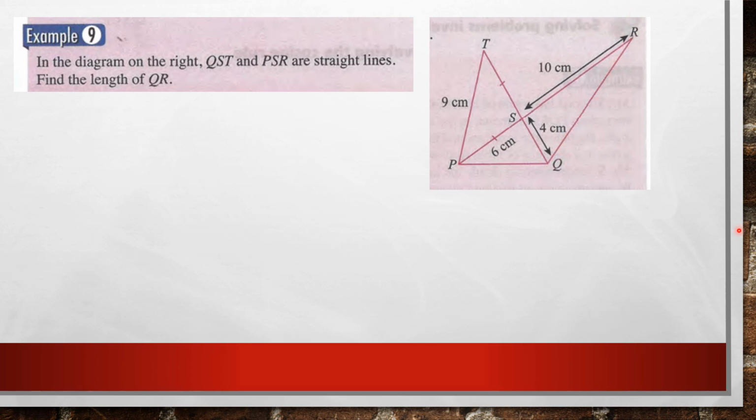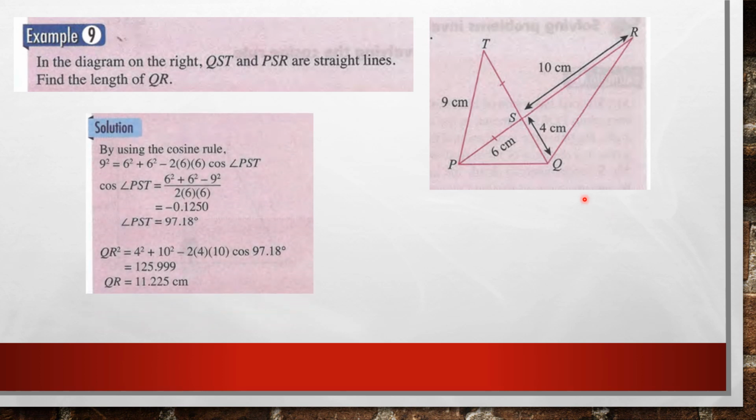Okay, what you must do first. First we look at what we know from this diagram. We know that this is 6, and you can see this sign means if PS is 6, ST is also 6. Both are 6.